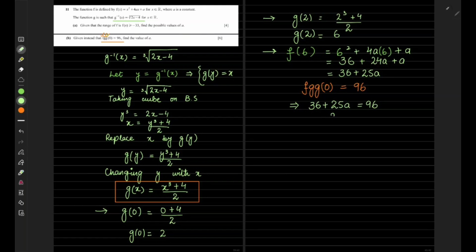That means 25a equals 96 minus 36, and that will give you 60. a will be equal to 60 divided by 25. So that will give you a equal to 12 divided by 5. And this is your final working for part B.